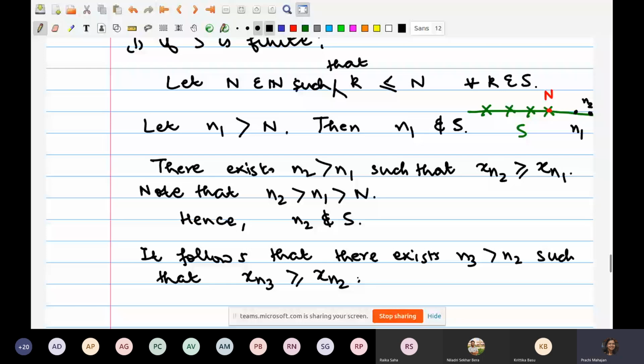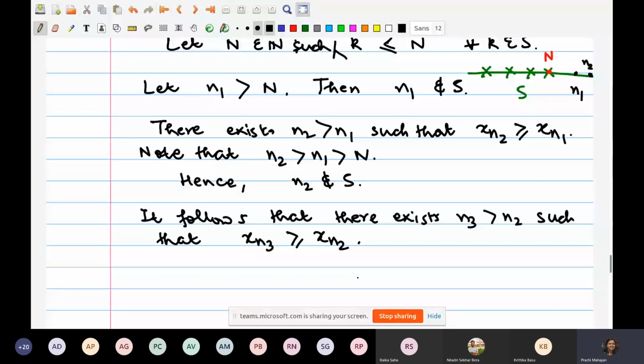So continuing in this manner, you get a strictly increasing sequence of positive integers. I'll just write that down.